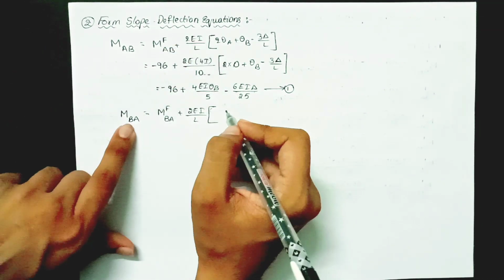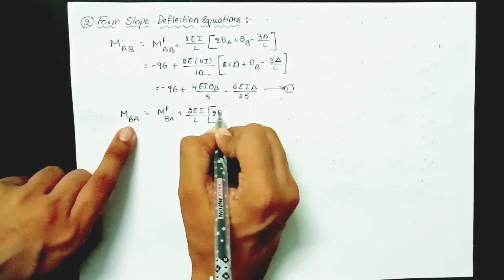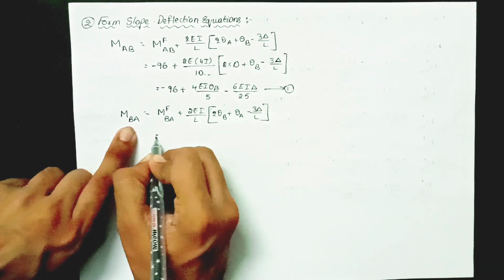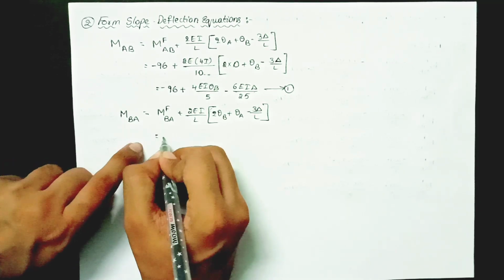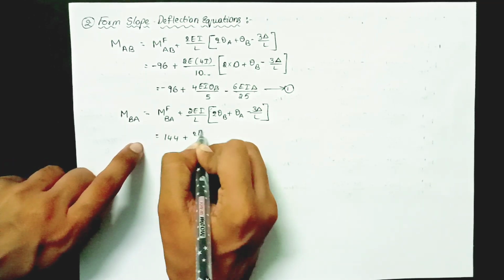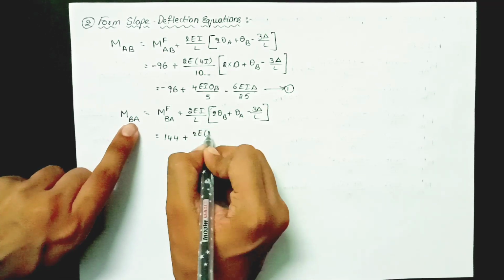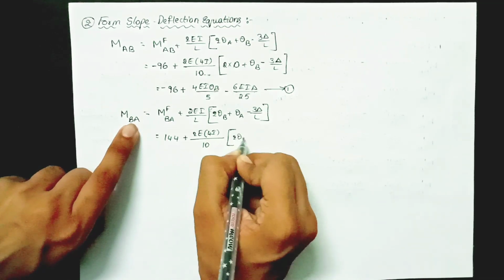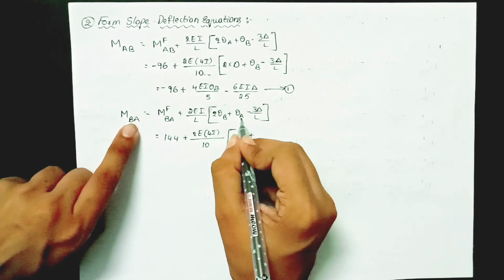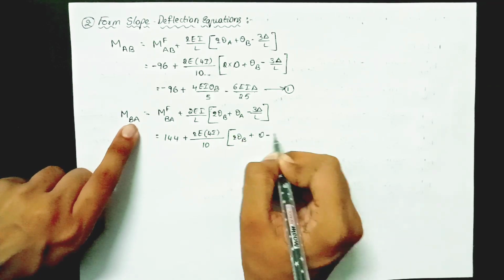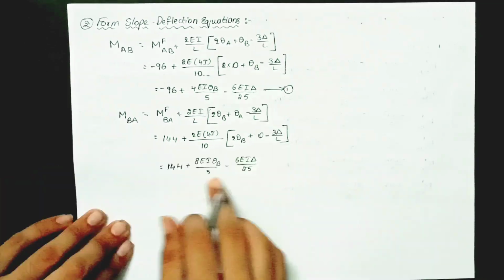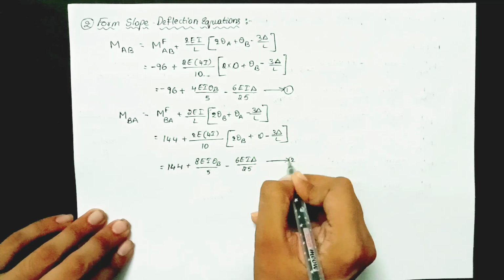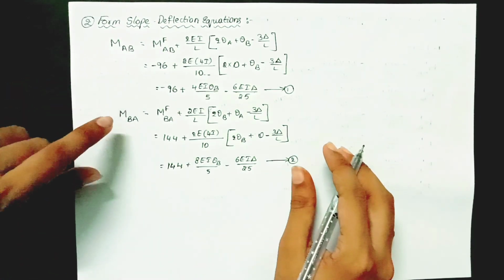And 2 theta A, but here we have B as the first letter, so 2 theta B plus theta A minus 3 delta by L. So MFBA, from the first step, is obtained as 144 plus 2E into, for the AB member, the I value is 4I and the length of member AB is 10 meter, 2 theta B plus theta A. A has a fixed support, therefore the slope equals 0, minus 3 delta by L. This is the equation obtained after solving. So I am taking this equation as 2. So we have completed the AB member and the BA member.